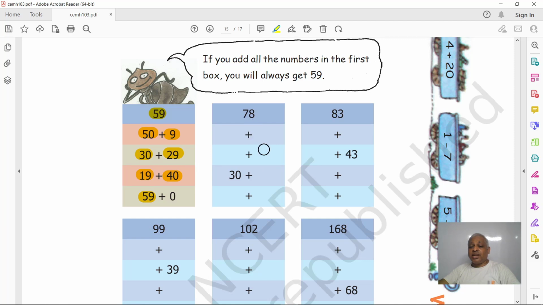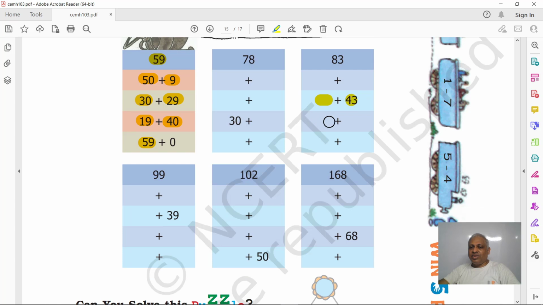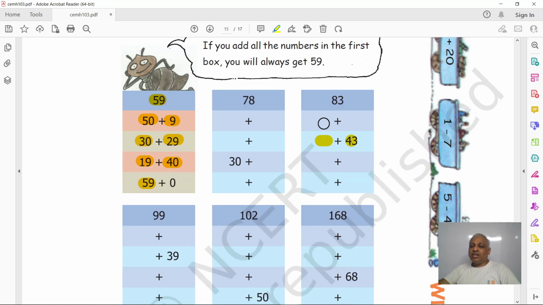Like this, you can write different possibilities. 83. We can write 80 plus 3, and this is 43. So it will be 40 plus 43. Okay, and fill in this as well with any number. You put any number here, and the remaining number you can put here. So adding these two numbers should give you this 83.